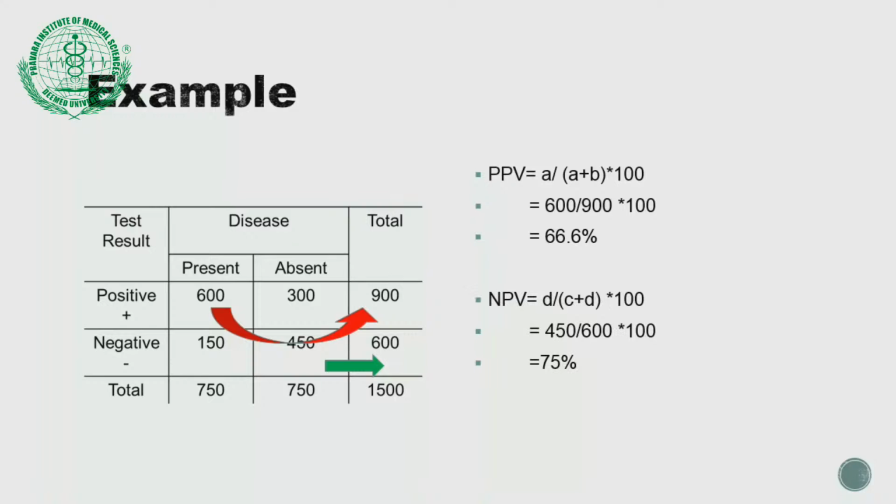For negative predictive value, the formula is D upon C plus D. So substituting the values, it will be 450 divided by 600 into 100, and the answer will be 75%.